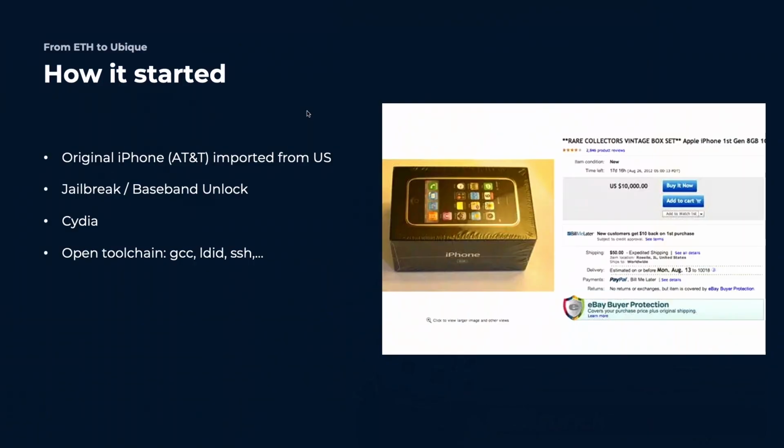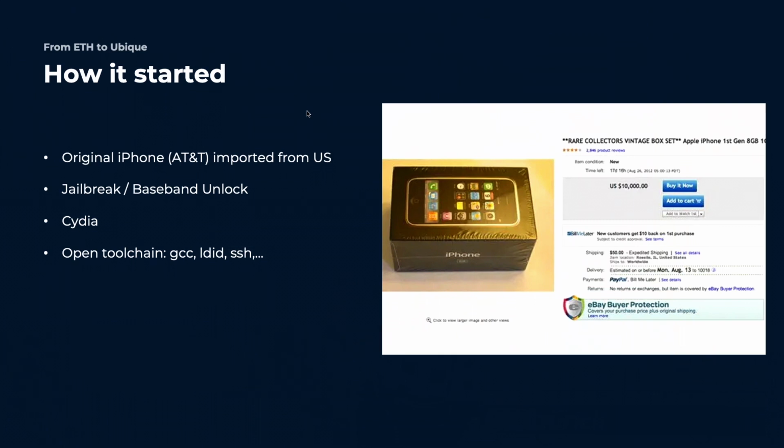And me and my friend and co-founder, we were one of the first ones who imported this iPhone, the first generation iPhone, which was only sold and available in the US back then, in 2007. You could order this on eBay. It wasn't as expensive as this rare collection item here, but it was possible to get it over here in Europe.